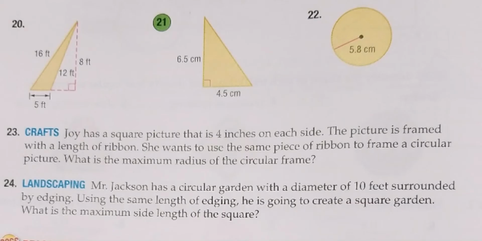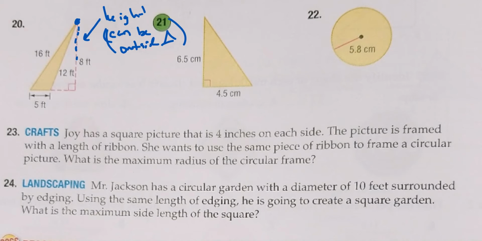Alright, 20. Now guys, this is not part of the triangle. This is the height. And the height can be outside of the triangle itself, because the height has to be from a vertex all the way perpendicular to the base.